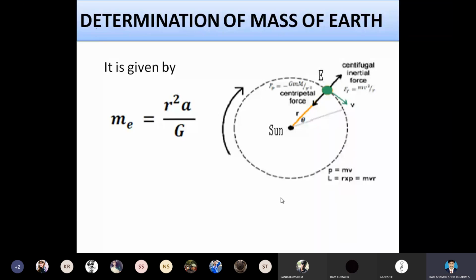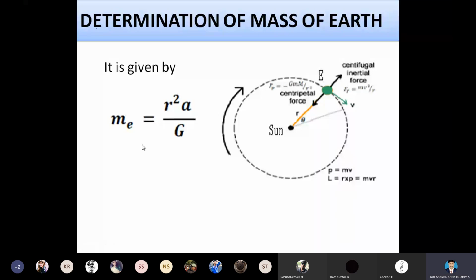We have taken these two laws, Newton's second law and Newton's gravitational law. From these two laws, we derived a formula, that is M E is equal to R square A by G. This A is nothing but G, the acceleration due to gravity.